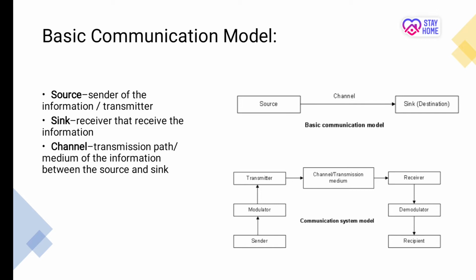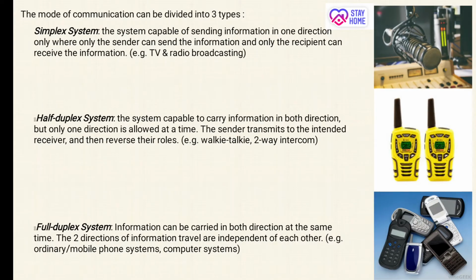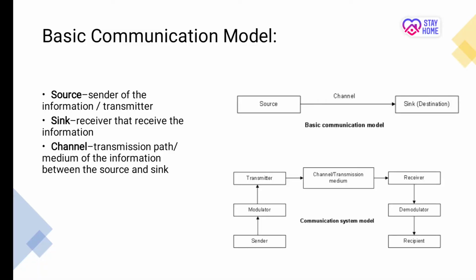The communication system model, the full one, has sender, modulator, transmitter, and the channel, receiver, demodulator, and reception. For the sender, which is our source, our information is going to start from there, then go to the modulator.